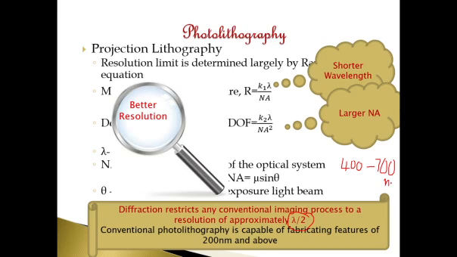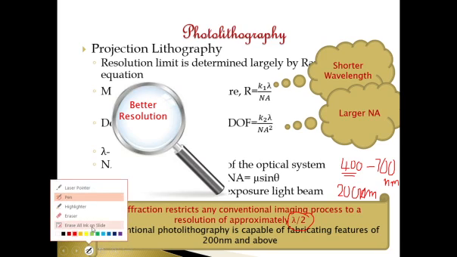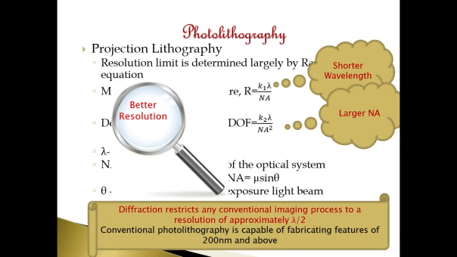So the minimum wavelength possible is 400, and half of that means we could have features of size 200 nanometer. That is mentioned here. The conventional photolithography, that is using visible light, can fabricate features of 200 nanometer or above. So we'll end up with this. Okay, thank you.